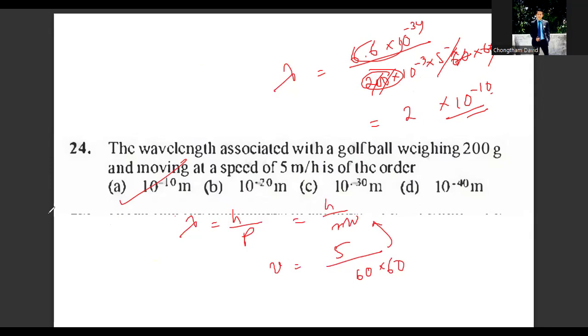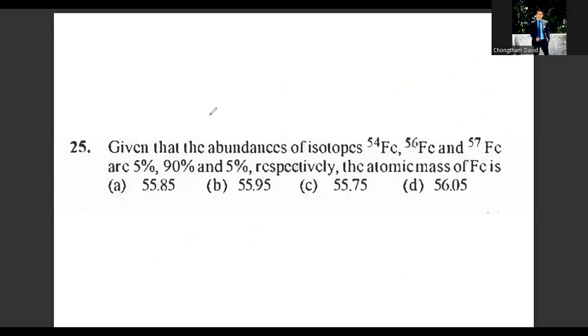Question number 25, let's read. Given the abundance of isotopes of iron are 5%, 90%, 5% respectively, what is the atomic mass of iron? So you can find the relation from the average atomic mass of iron. So what is the average atomic mass of iron? It would be 54 into 5, 56 into 90, and 57 into 5. This is the relative abundance.